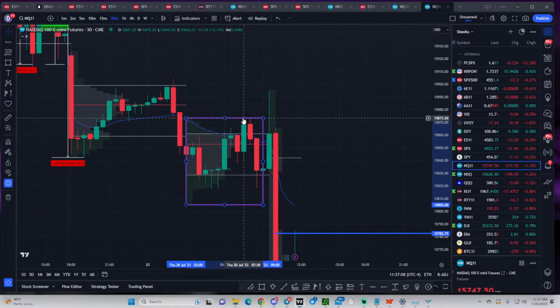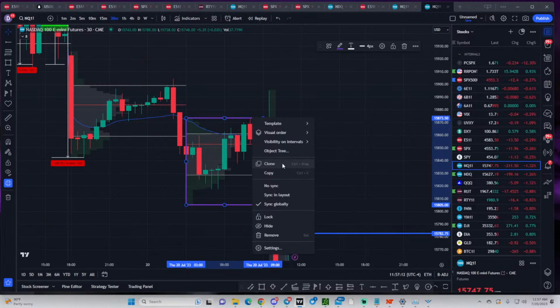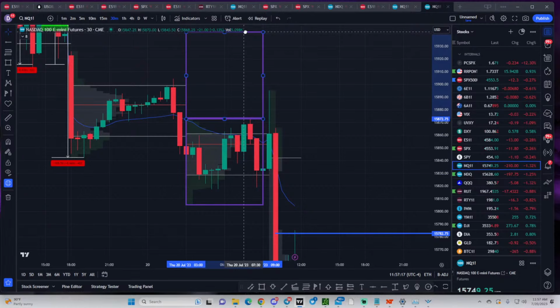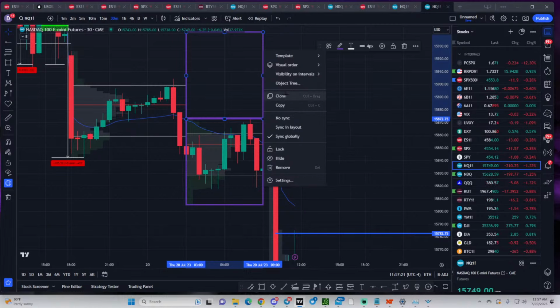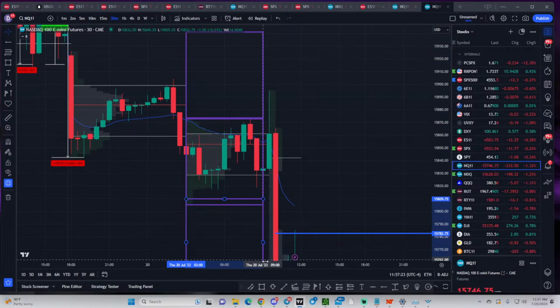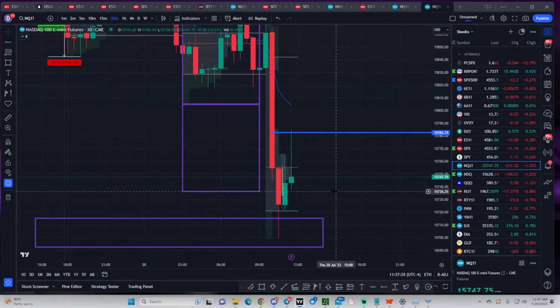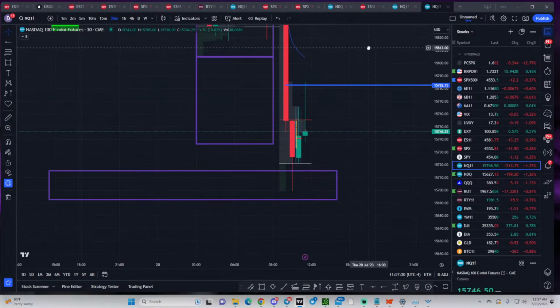So I'll copy this and I look for a 100% extension of that, and a 100% extension of that. So we traded the 100% extension already.